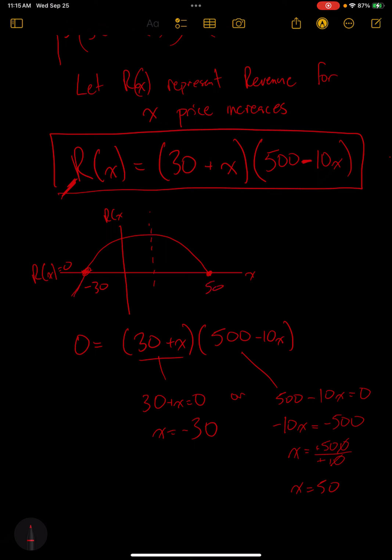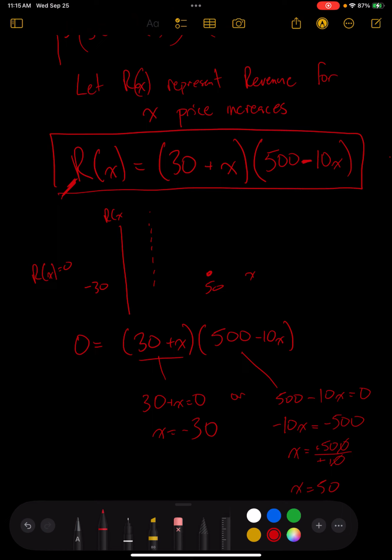Now, if you weren't able to know this right away, I drew this beforehand because I could see it. But you're not necessarily going to have seen that the parabola looks that way beforehand.